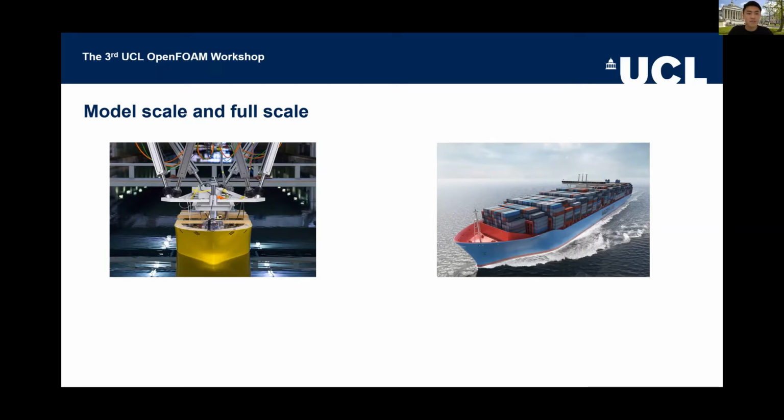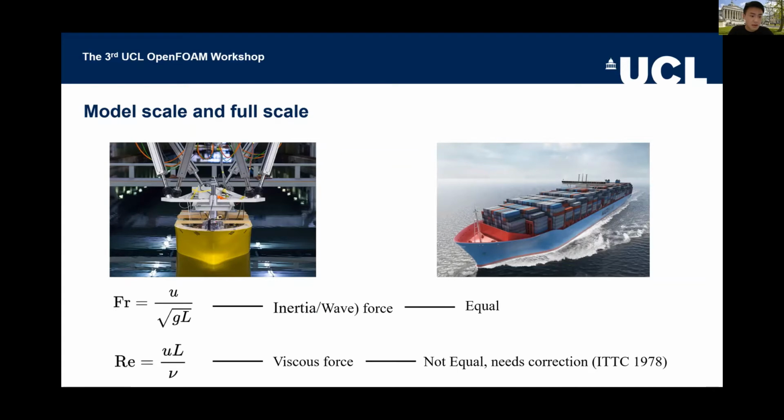However, this could bring some problems. There are two mathematical non-dimensional numbers, the Froude number and the Reynolds number. The definitions are given here. One is mainly governing the wave or inertial force, and the other one is governing the viscous force.